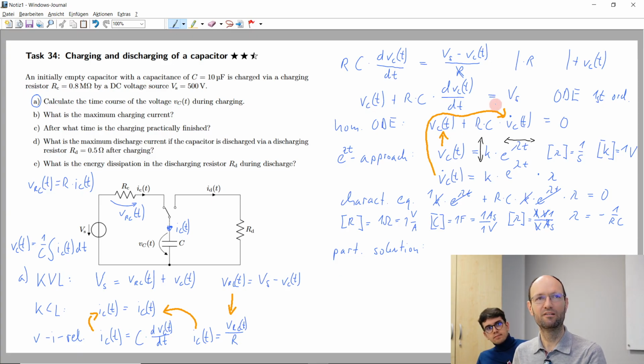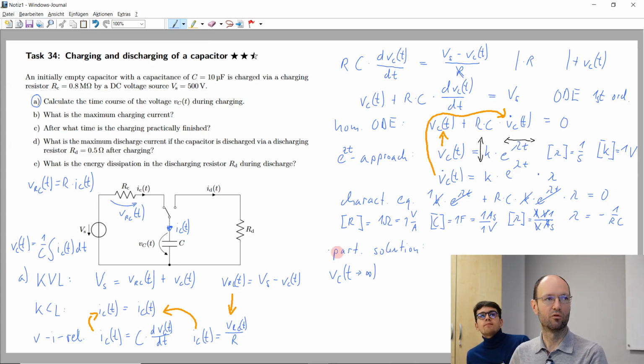And so this solution, the easiest engineering way to do it, mathematicians will have other ways to do it, but the simplest engineering way is we take a look at our solution and we let time go to infinity, at least it works for the simple problems. So we look at what happens if the charging would be over.